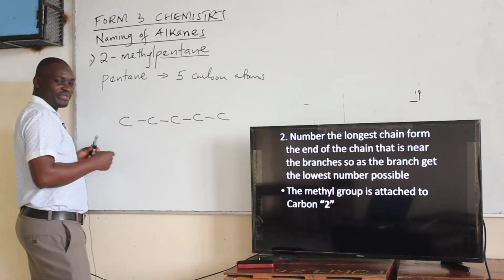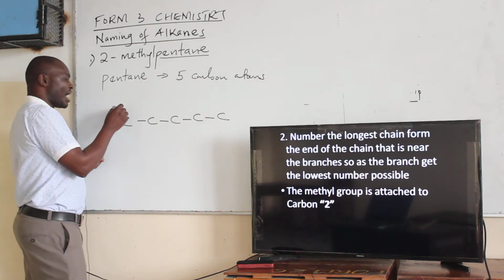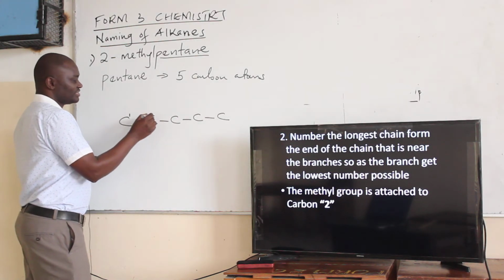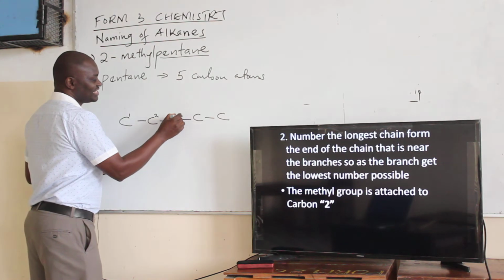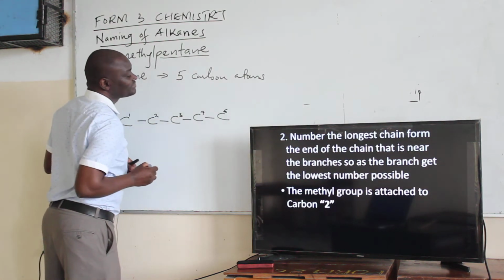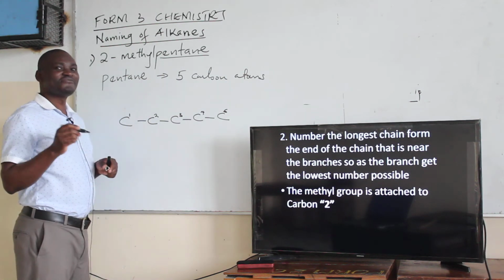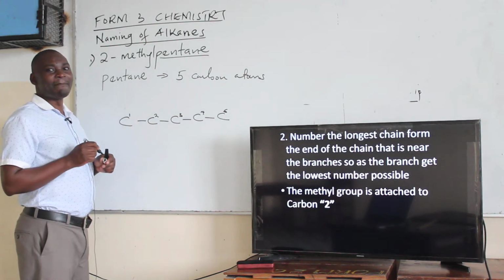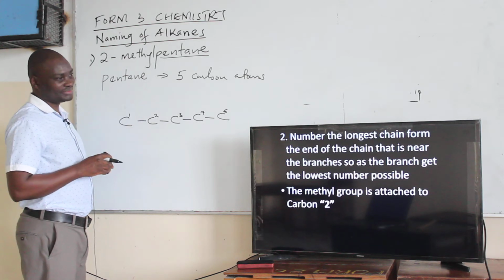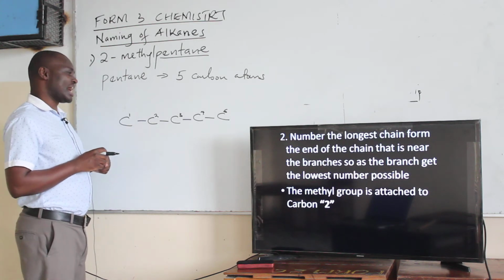We can number from here or from the other side. So numbering will be 1, 2, 3, 4, 5. Those are 5 carbon atoms.